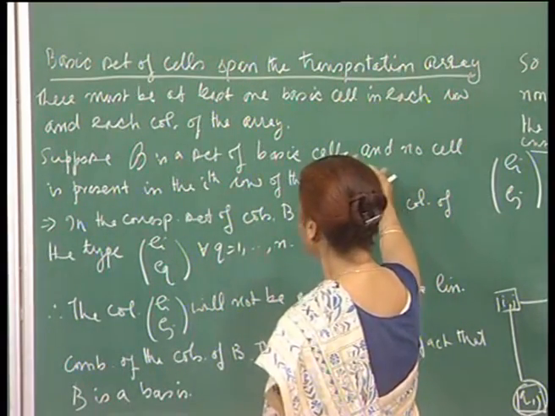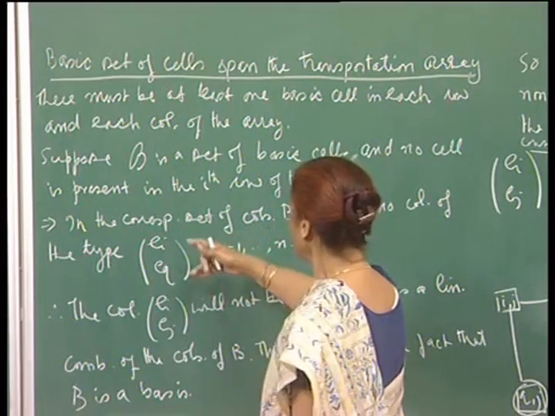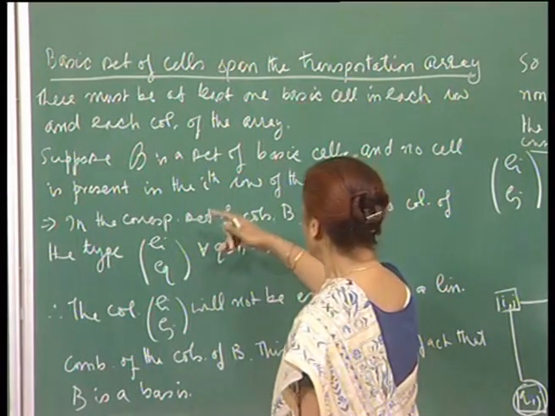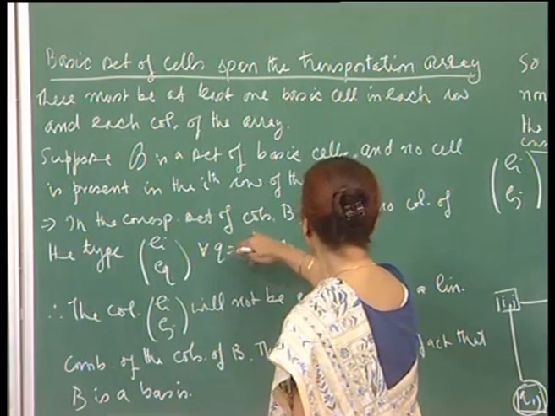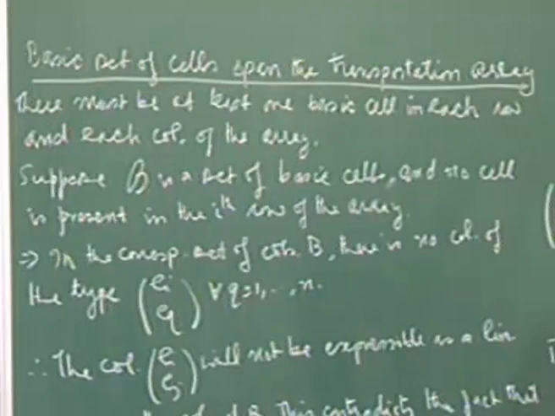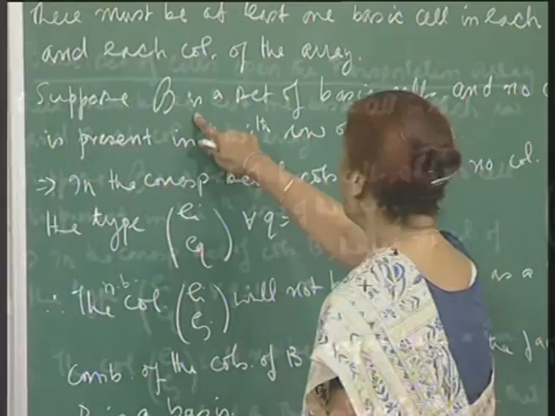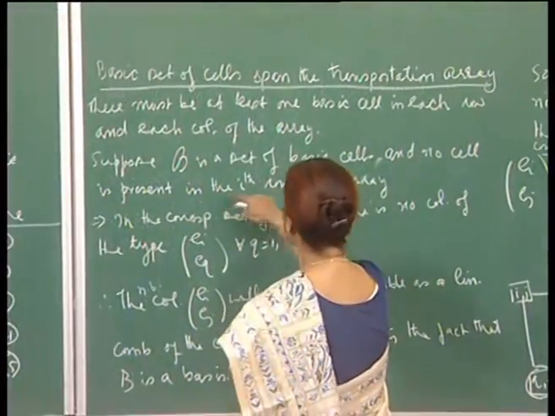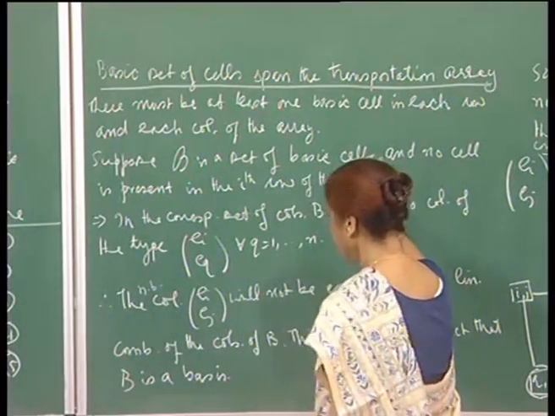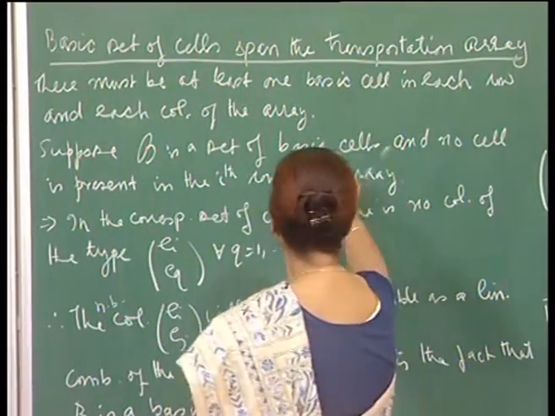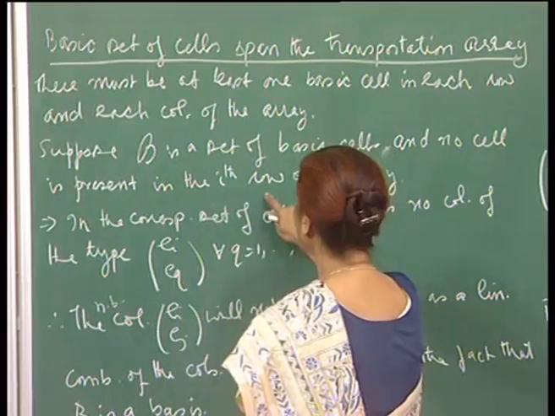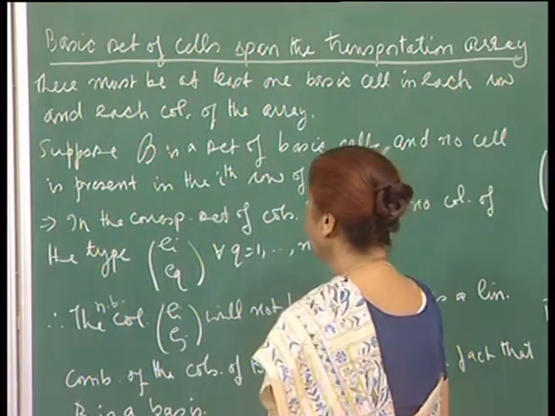And how can I support it? Suppose B is a set of basic cells and no cell is present in the ith row of the array. What does that mean?